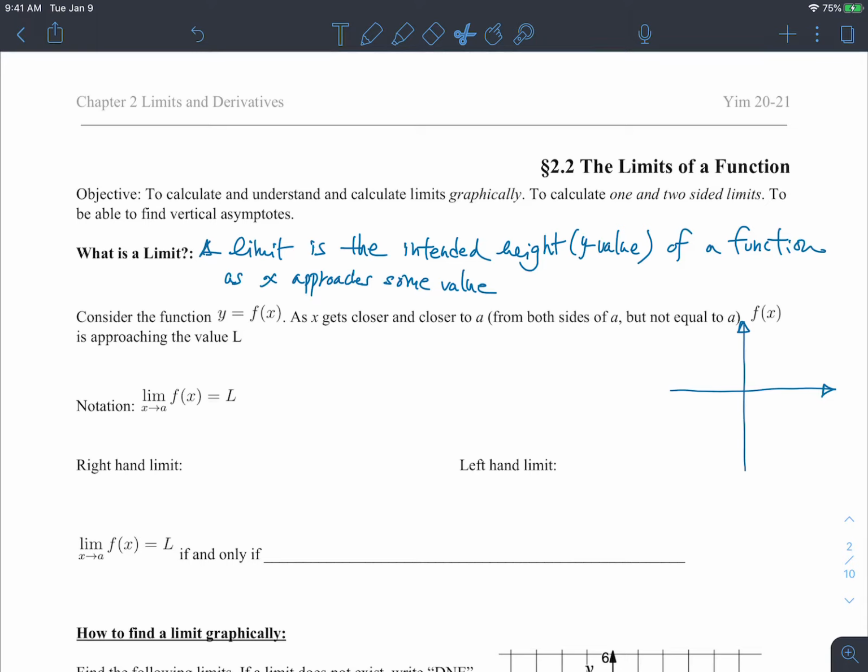Having a limit is like finding the intended height, or the y value, of a function as x approaches some value, let's say a.